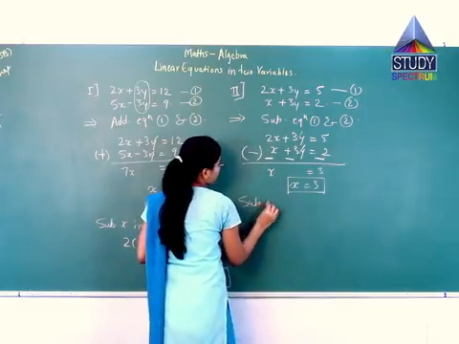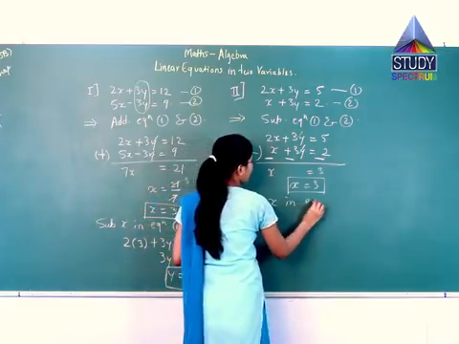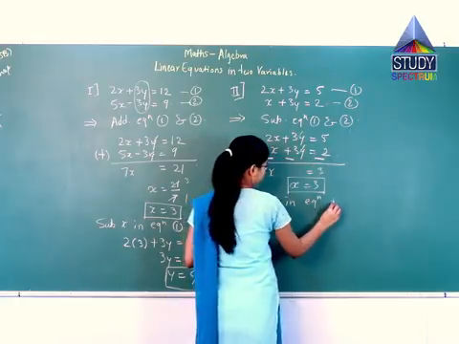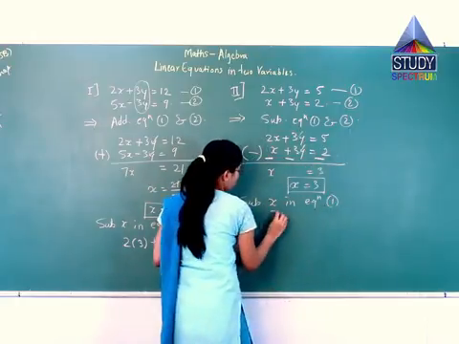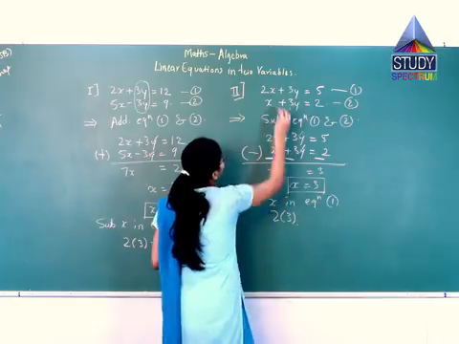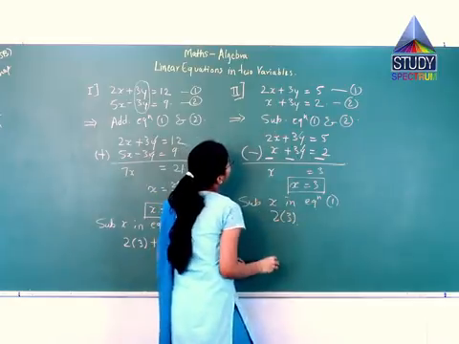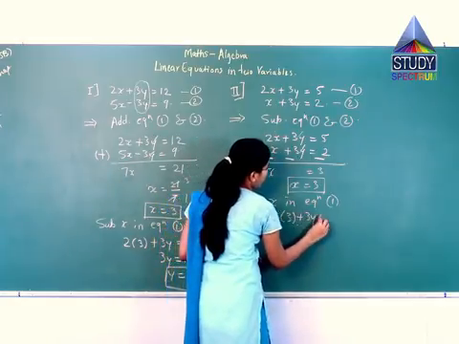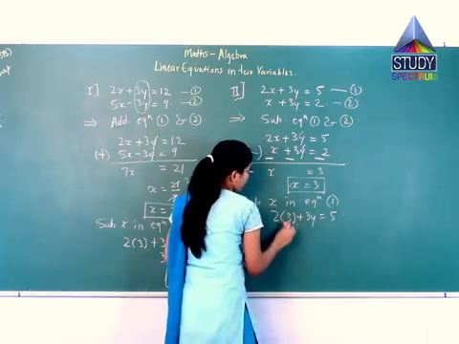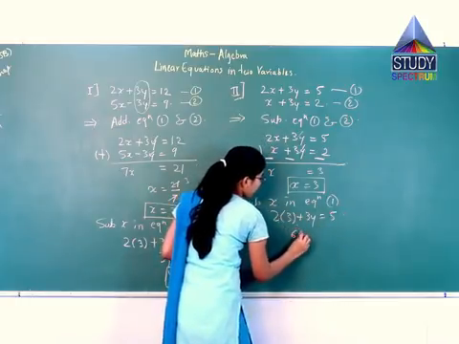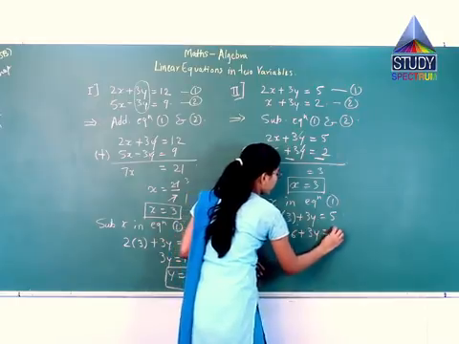Substitute this x in equation number, say, 1. So 2 into 3, instead of x again I am substituting the value of x, plus 3y is equal to 5. So 3 2s are 6. 6 plus 3y is equal to 5.